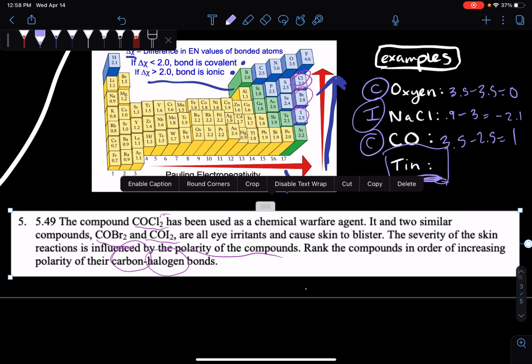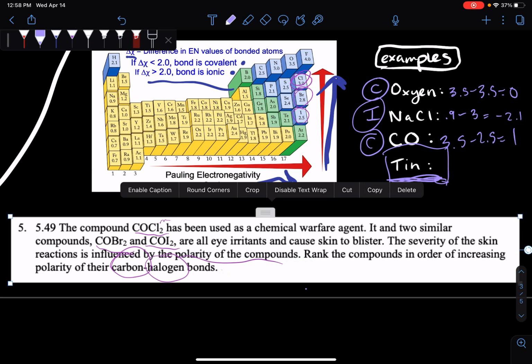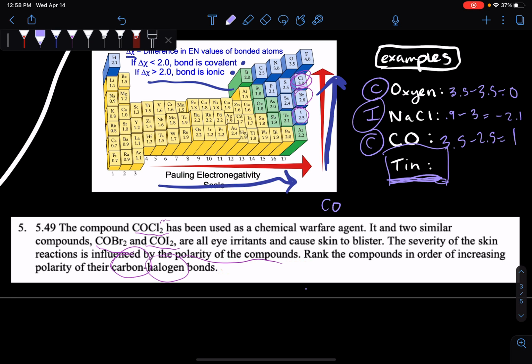So I'll write it up here: COI2, and then COBr2, and then COCl2. And if we want to check our answer, yep, we were correct.